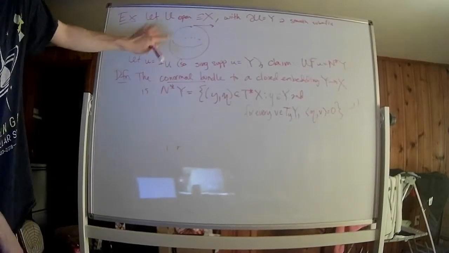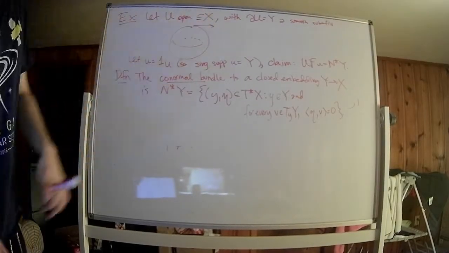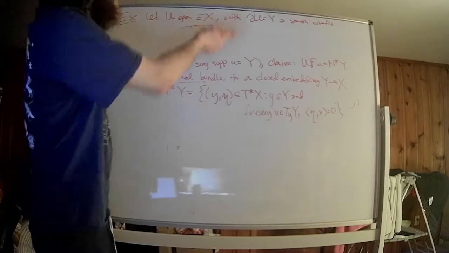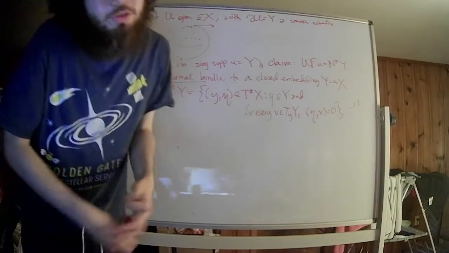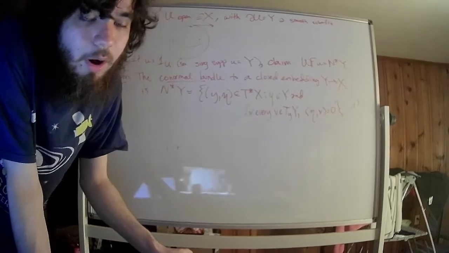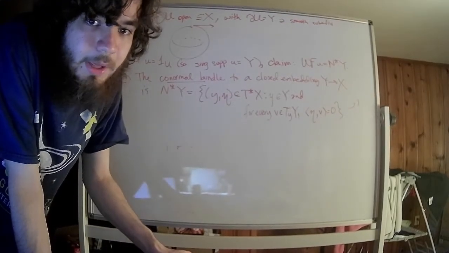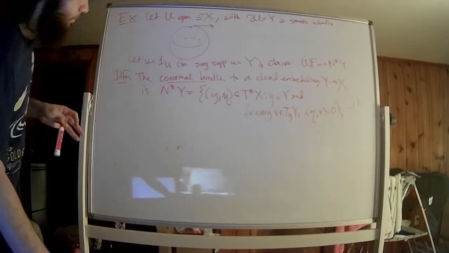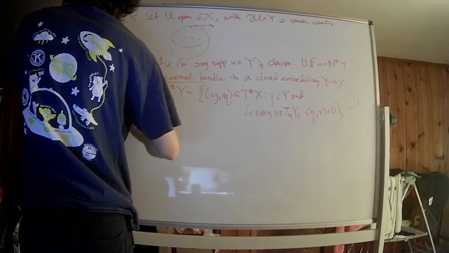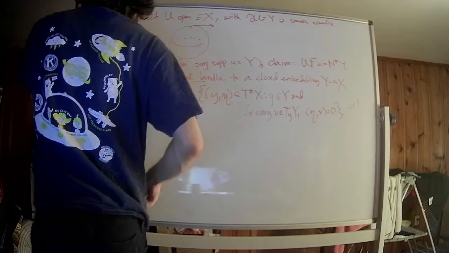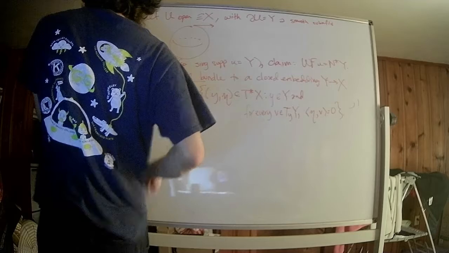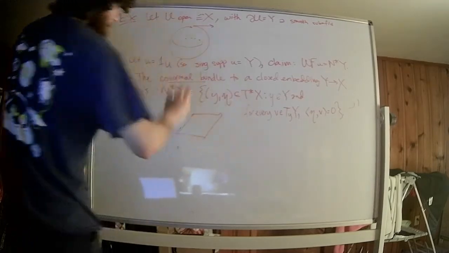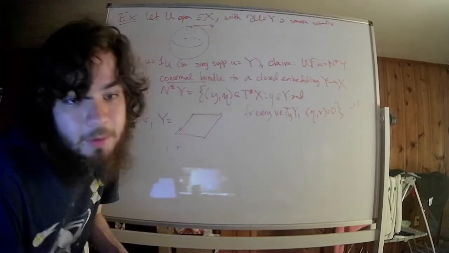So first of all, this level of generality is totally unnecessary because Y is a smooth manifold. So without loss of generality, X is Rn, Y is Rn minus 1, and U is a half space. So without loss of generality, Y is like a plane. Okay, this is a plane.